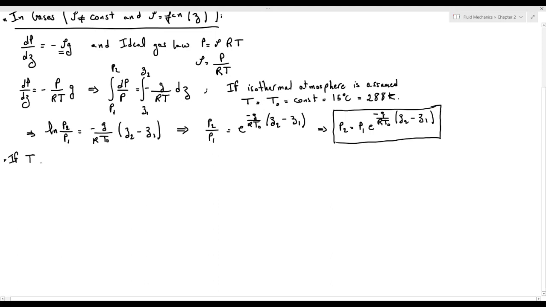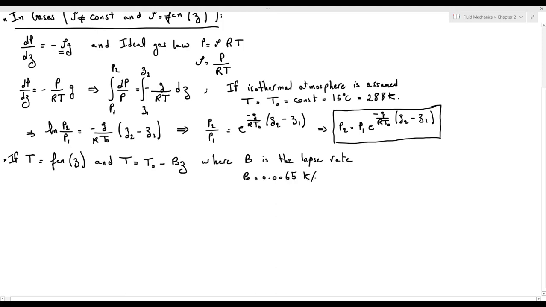However, if we say that the temperature is a function of the altitude, we can approximate it as T equal to T0 minus Bz, so we can say that the temperature drops nearly linearly with Z, and B is called the lapse rate, and it is equal to 0.0065 degrees Celsius per meter or Kelvin per meter.